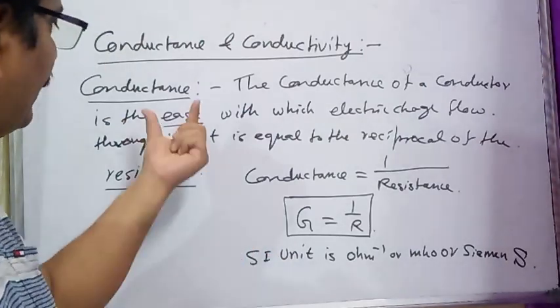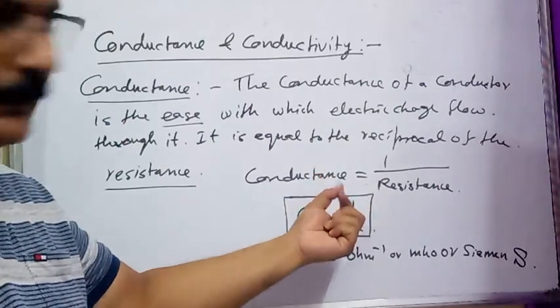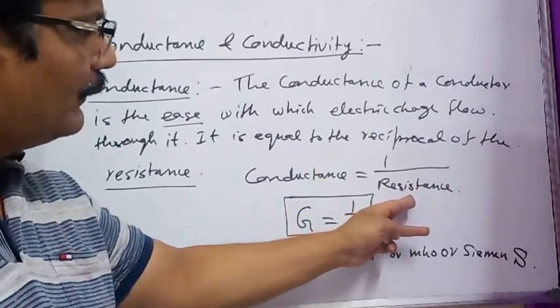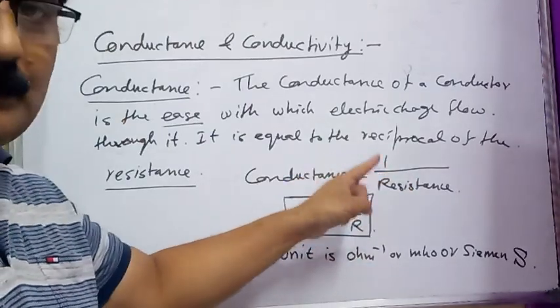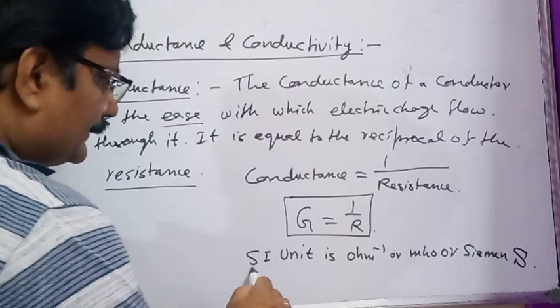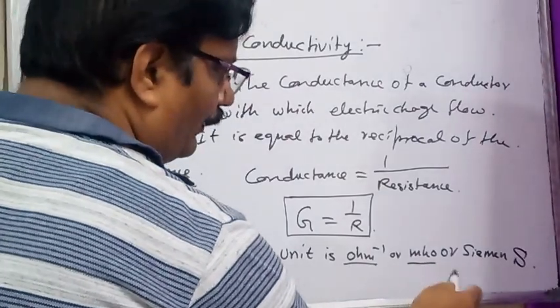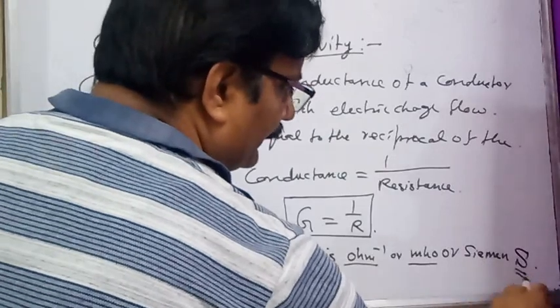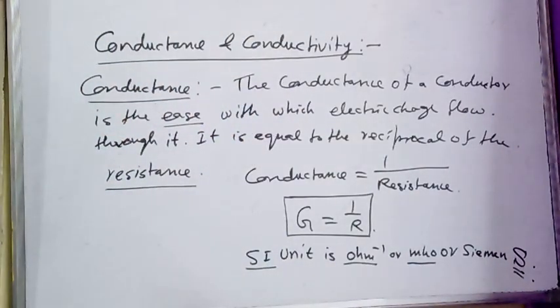That measurement of ease of charge flow through a conductor is defined as conductance. As resistance opposes the flow of charge, conductance is the measurement of ease of charge flow, and its SI unit is ohm inverse or mho or siemens, written as capital S. So siemens is the SI unit of conductance.